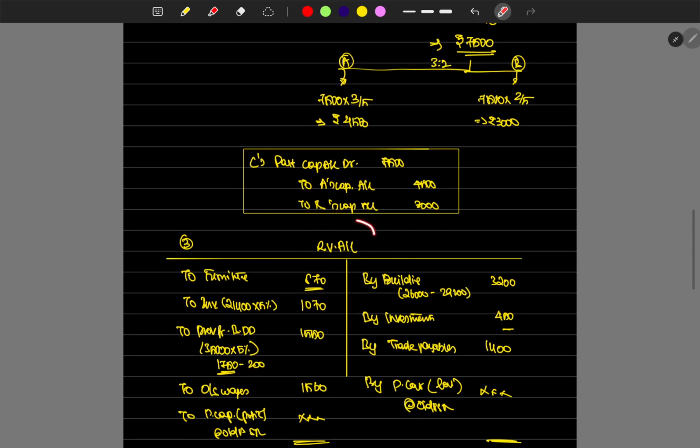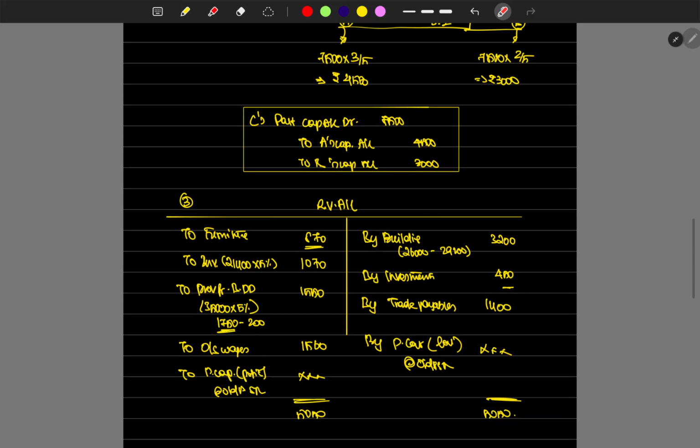Okay, then we have revalued assets. Furniture depreciated, inventory depreciated, provision for bad and doubtful debts we found, and then outstanding wages created, and then buildings appreciated, investments appreciated, trade payables reduced. So all these have been revalued.